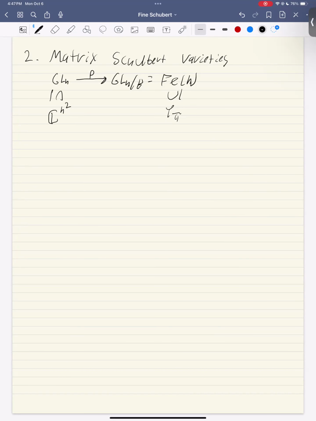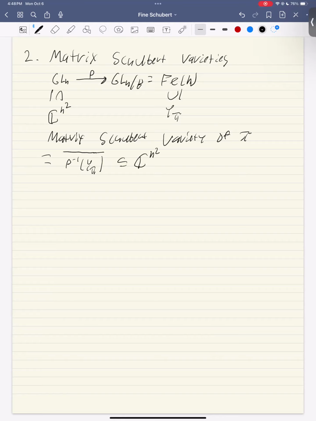And then the matrix Schubert variety of pi is the closure inside affine space of P inverse of Y_pi. So here pi is a permutation. So this sits inside matrix space, which I'm thinking of as C^(n squared).